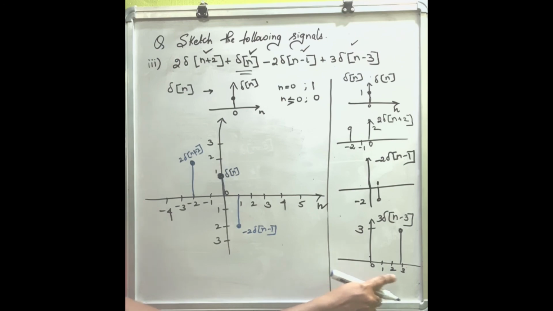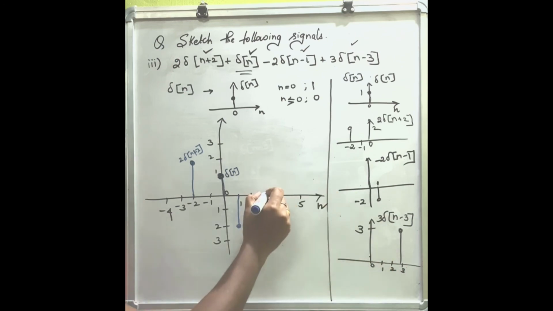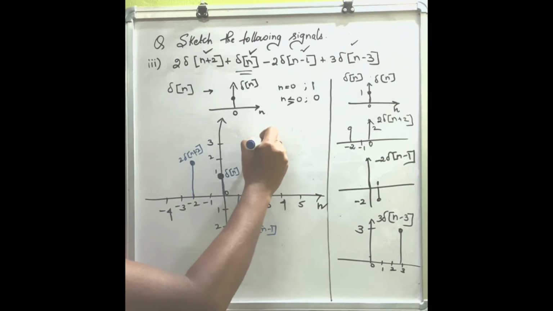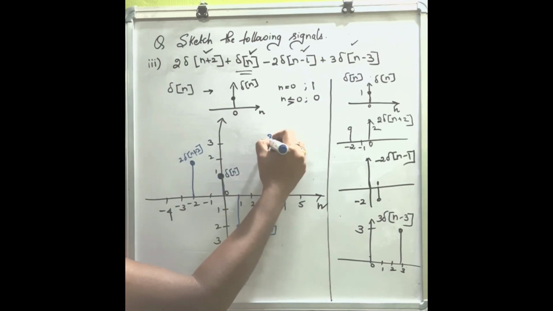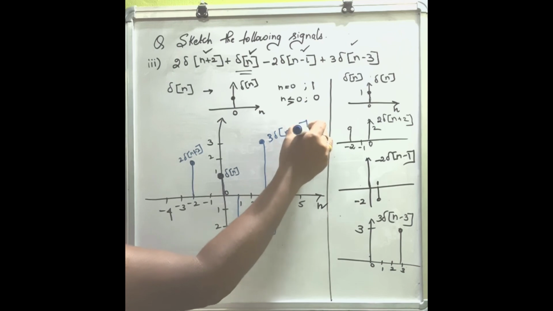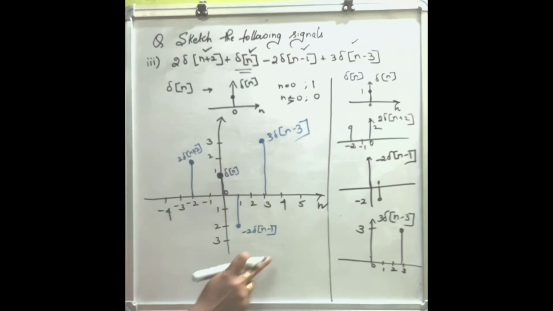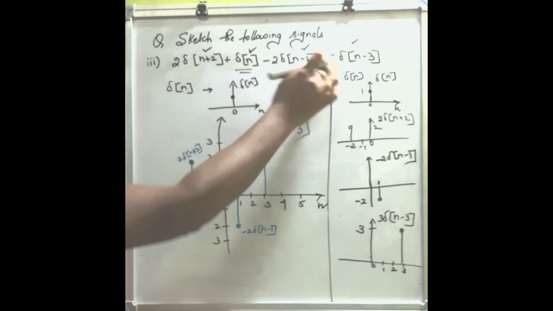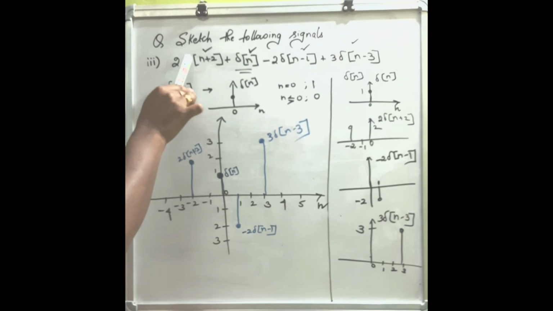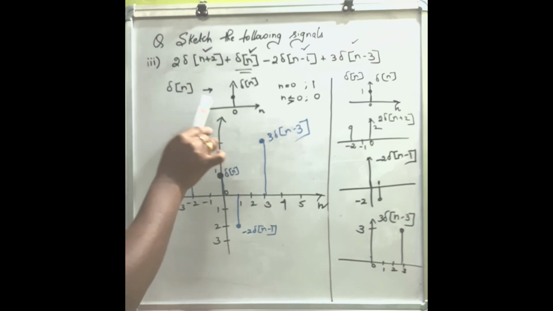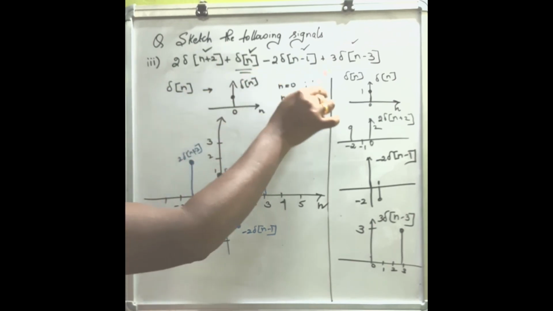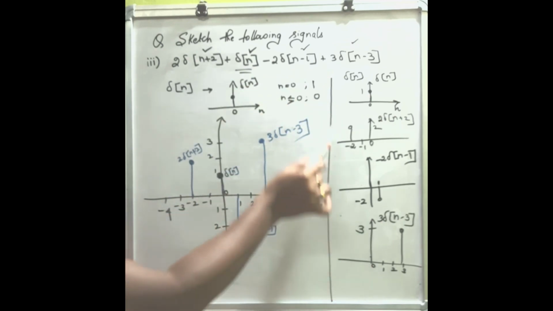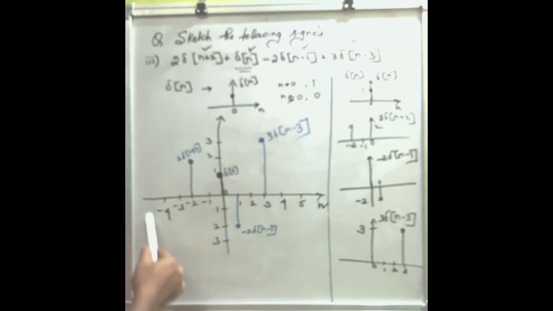And then the fourth signal, at 3, has amplitude 3, and this is 3 del of n minus 3. So this is the final signal that has been sketched by using 4 delta signals. First write down the delta signal and then do one after the other. Take them separately and finally add them. You will get the final signal. So this is how you have to do it for sketching the following signal.